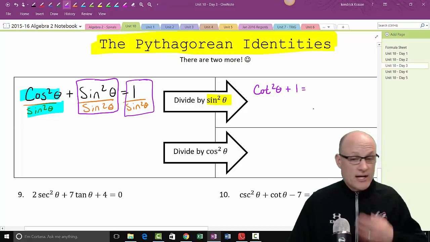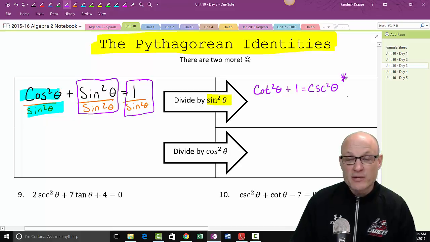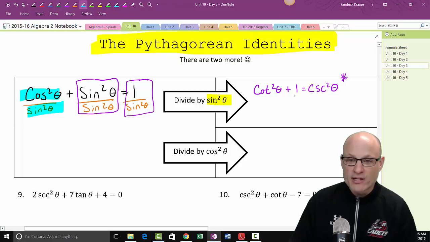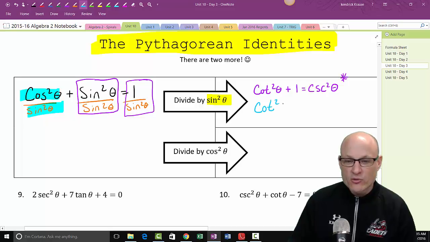Well, the reciprocal function of sine is cosecant, so this is cosecant squared theta. So here's another one that you have to commit to memory. Once you have this one committed to memory, you can make transformations on it. For example, let's say I want to know what cotangent squared theta is. Well, I just move the 1 over. So cotangent squared theta is equal to cosecant squared theta minus 1. I would just memorize this one.